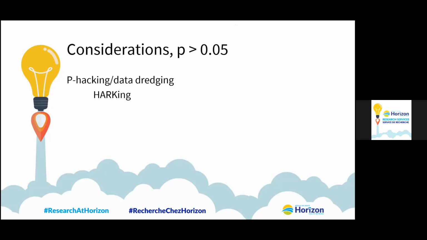Something that's related to p-hacking and data dredging is HARKing, which is hypothesizing after the results are known. So very much an extension of p-hacking, where perhaps you run an analysis and you get an outcome where the results don't support your hypothesis, so you're not able to reject your null hypothesis.